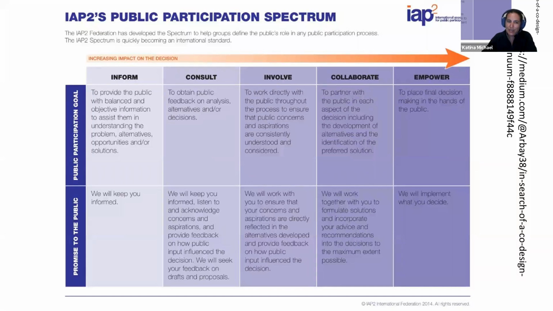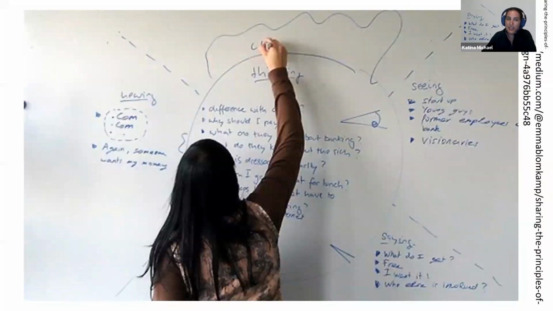Depending on where you're sitting in this sort of increasing impact on the decision, the user may have very little because they're just listening and absorbing the information, to being informed, right through to being empowered to be that actual instrumentation that generates the ideas and leads. And increasingly for public interest technology, we do have this notion of empowerment, because that's what is required, to empower the end user so that they are able to take the journey on their own.